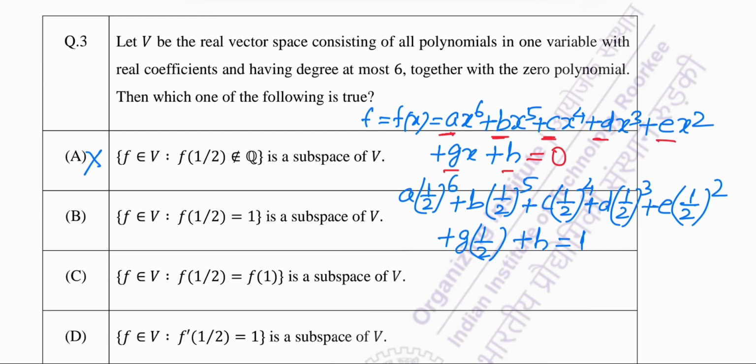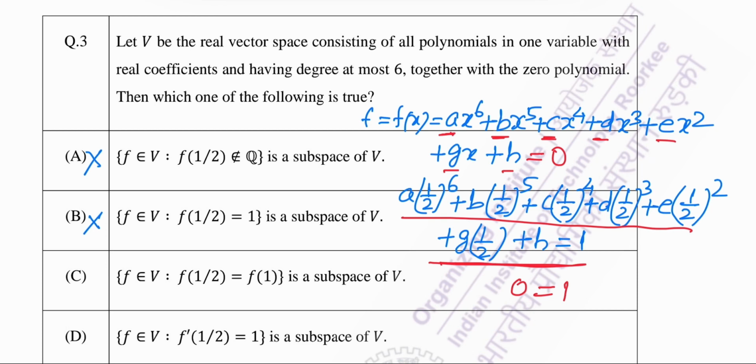So those values, I mean a equals 0, b equals 0, c equals 0, should satisfy this one to be a member of the subspace given in option B. And if you put a, b, c, d, e, f, g all equal to 0, then you have 0 equals 1. It means that B is also not our option.